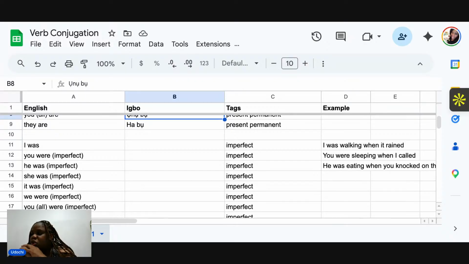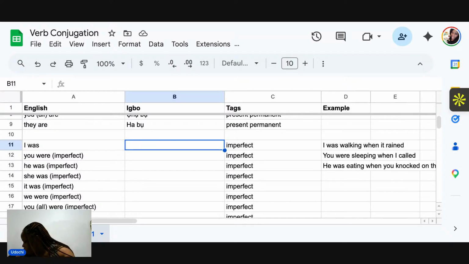So the sentence that I'm looking at is I was walking when it rained, and I believe this is agawalam ije because gawalam would be he started walking, but he didn't finish walking. He just started the process of walking.